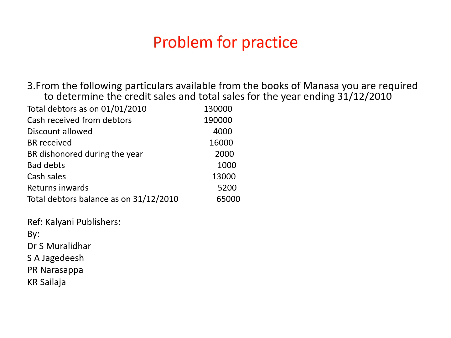They have given opening debtors as 1,30,000, cash received from debtors 1,90,000, discount allowed 4,000, BR received 16,000, BR dishonored during the year 2,000, bad debts 1,000, cash sales 13,000, returns inwards 5,200, and total debtors balance as 65,000. All the entries are similar to what you worked out in the previous 3 problems. So clear explanation is given to you. Based on the same explanation and working out, try this problem also and calculate the total sales.